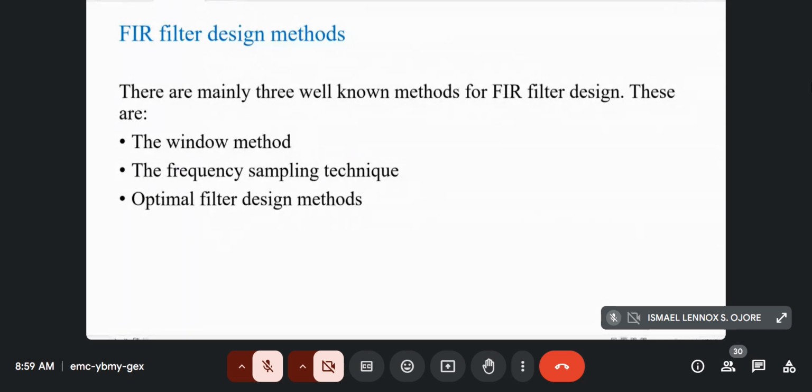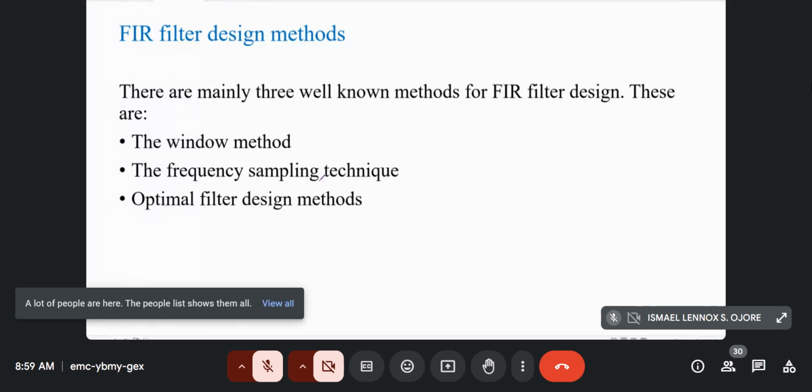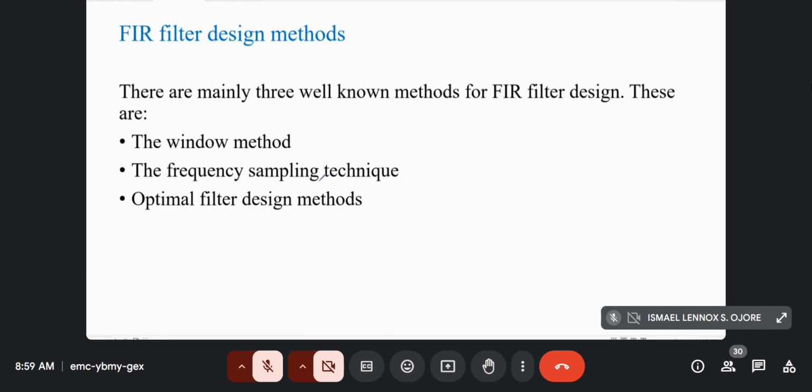We can use the frequency sampling technique. It sounds like a very complex term, but what it actually means is, if you are given the frequency response, because that's what you'll be given, you want a filter with this frequency response.